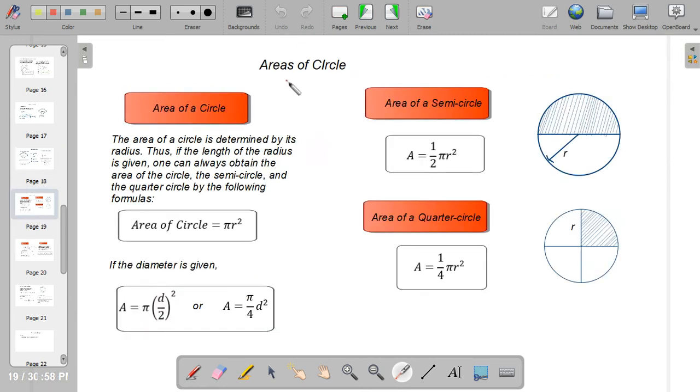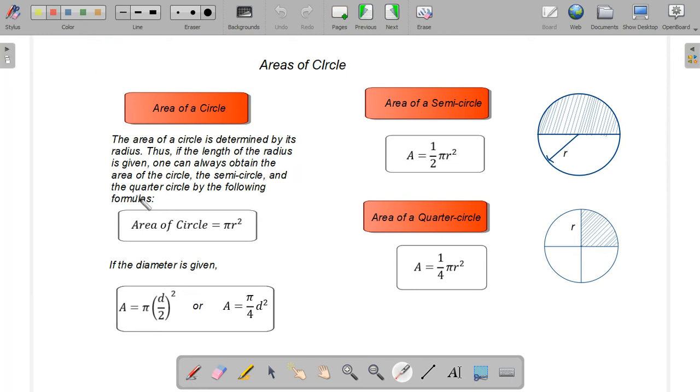Okay. Now, what about areas of circle? Now, in areas of a circle, the area of a circle is determined by its radius. Thus, if the length of the radius is given, one can always obtain the area of the circle, the semicircle, and the quarter circle by the following formulas. So, area of a circle is equal to pi r squared.